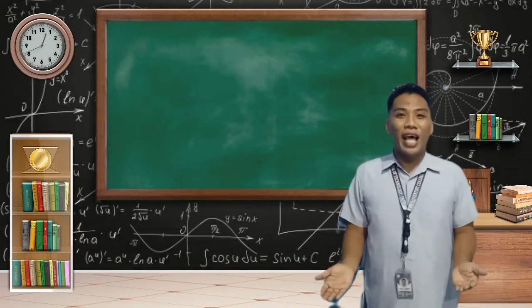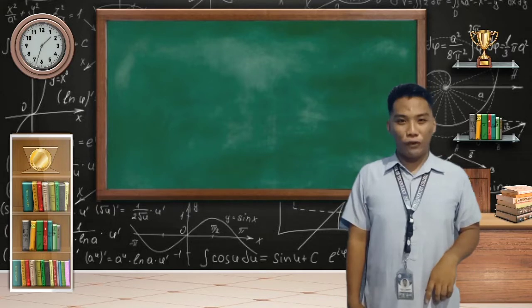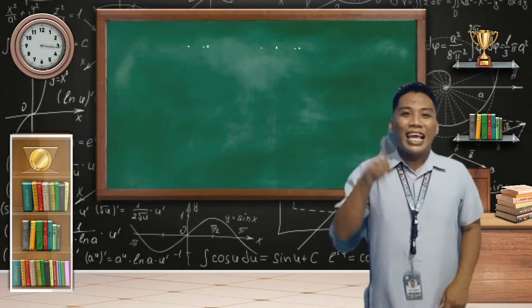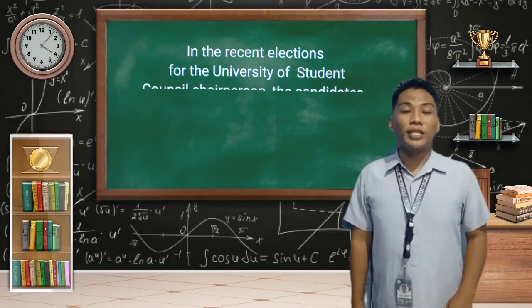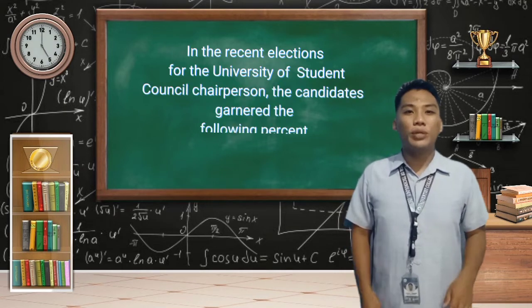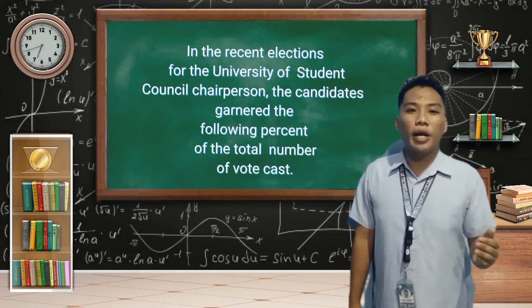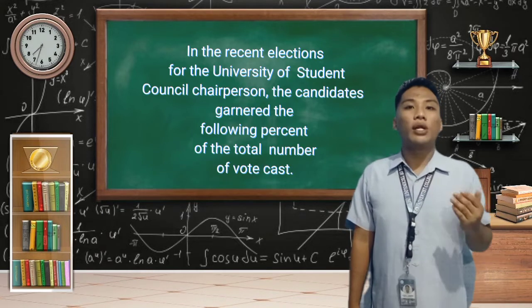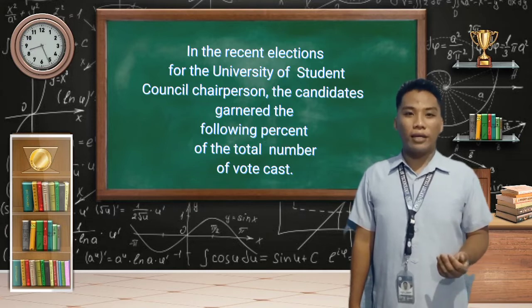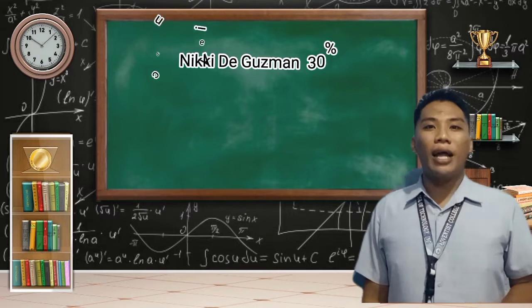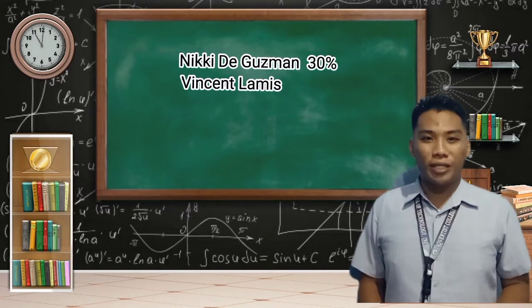And now, class, I have a question for you. Are you ready? Alright. In a recent election for the University Student Council chairperson, the candidates garnered the following percent of the total number of votes cast. The first candidate, Miss Nikki de Guzman, garnered 30%.